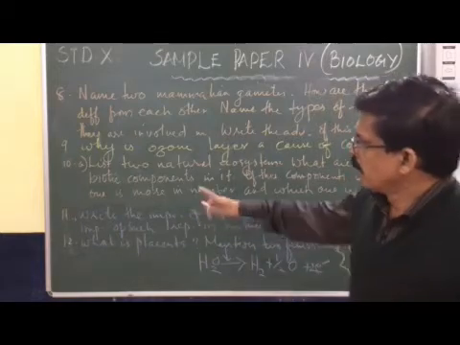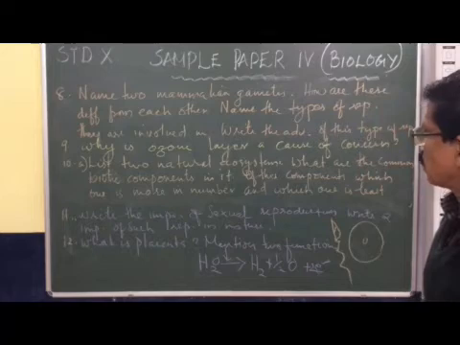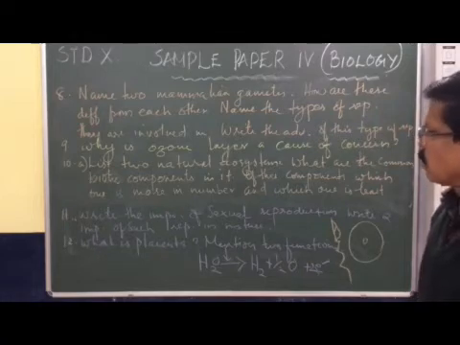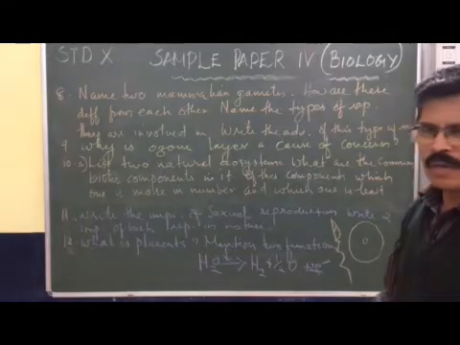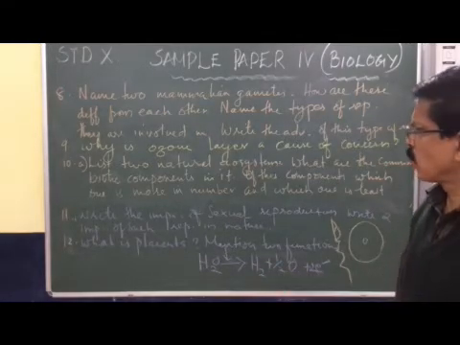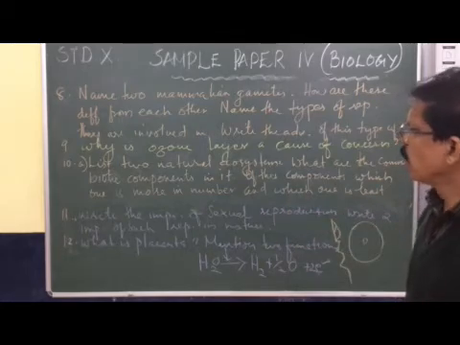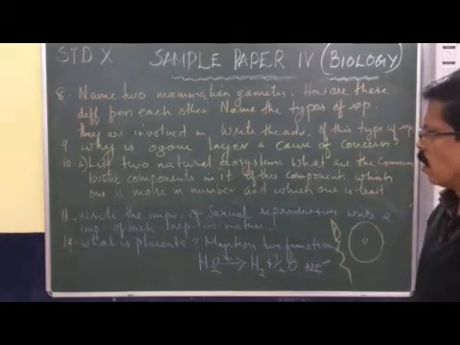Now, 10th question: list two natural ecosystems. What are the common biotic components in them? Two natural ecosystems, you can say pond and river, or grassland and river. In all these ecosystems we can see producers and consumers are common.